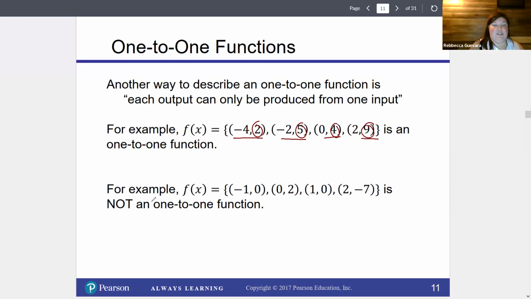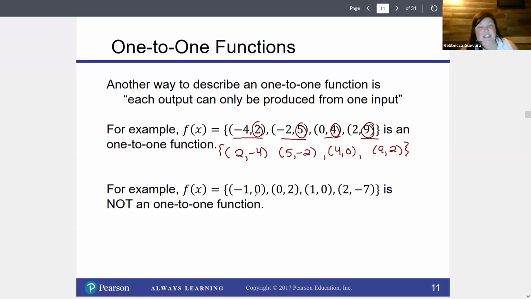So if I try to do an inverse of this, you'd find that the inverse would still be a function. My inputs only ever show up once. There are no duplications. They're not producing two different outputs.